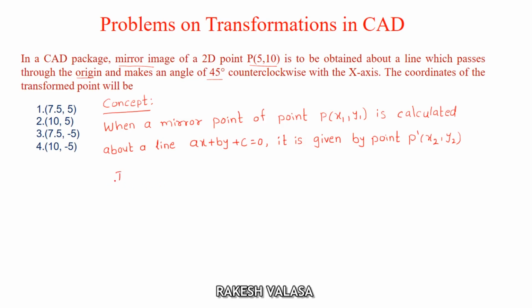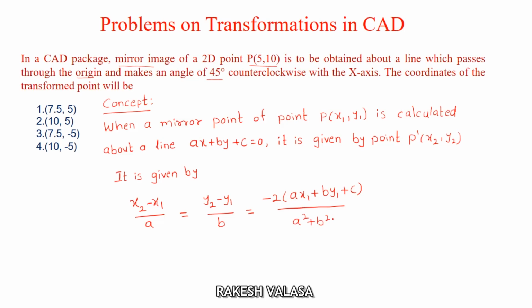So you can write it is given by (x2 minus x1) by a equal to (y2 minus y1) by b equal to minus 2 into (ax1 plus by1 plus c) by (a square plus b square).